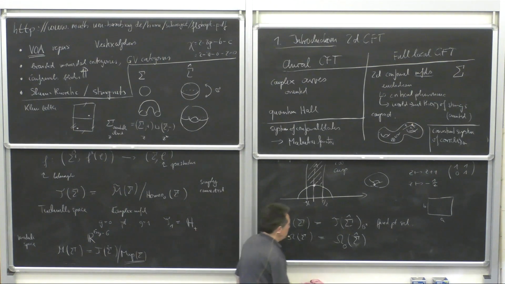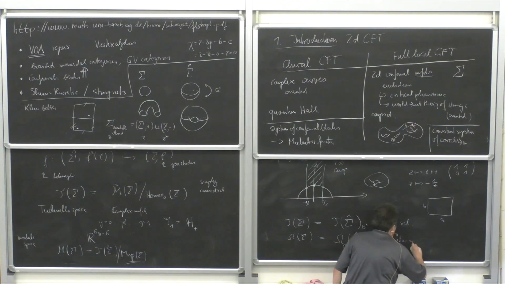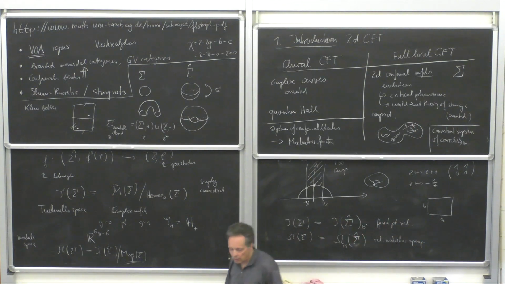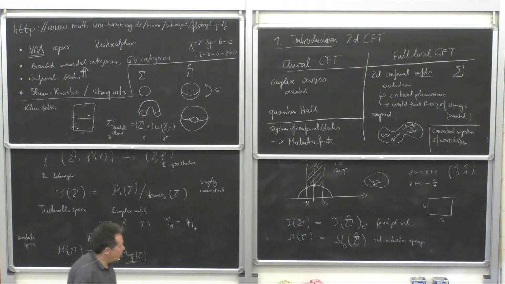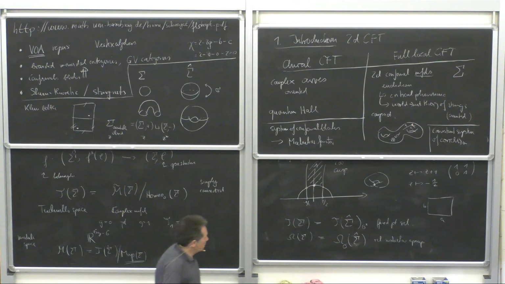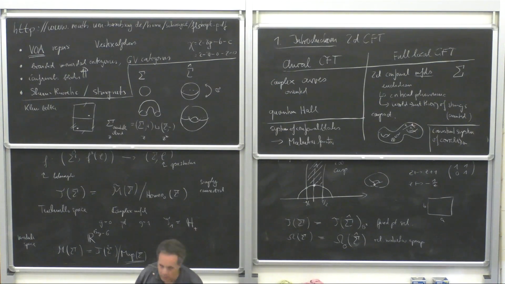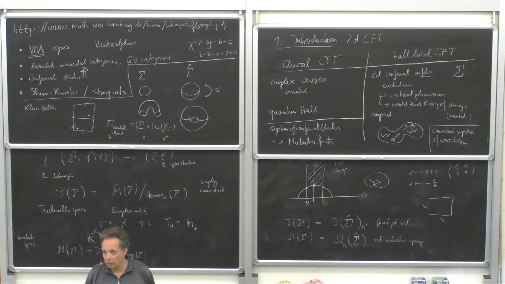This is called the relative modular group. Actually, this appeared first in papers of an Italian group, and it played an important role in the development of type 1 theories many, many decades ago. Yeah?